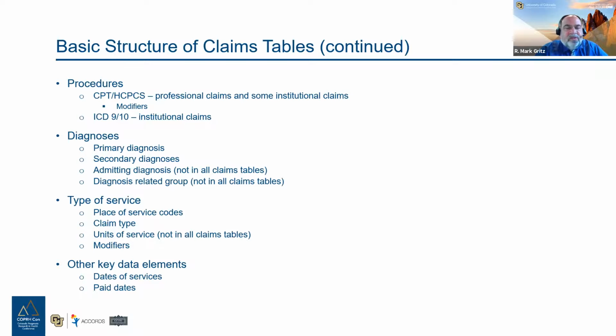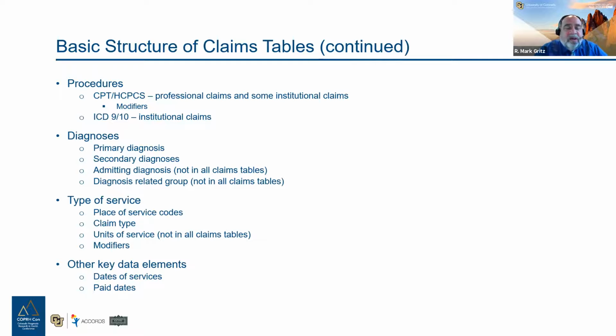So for example, for telemedicine services now, if you're an institutional claim, there's a modifier to the type of procedure code that is attached to identify that it was a service that was delivered via telemedicine as opposed to an in-person type of situation.